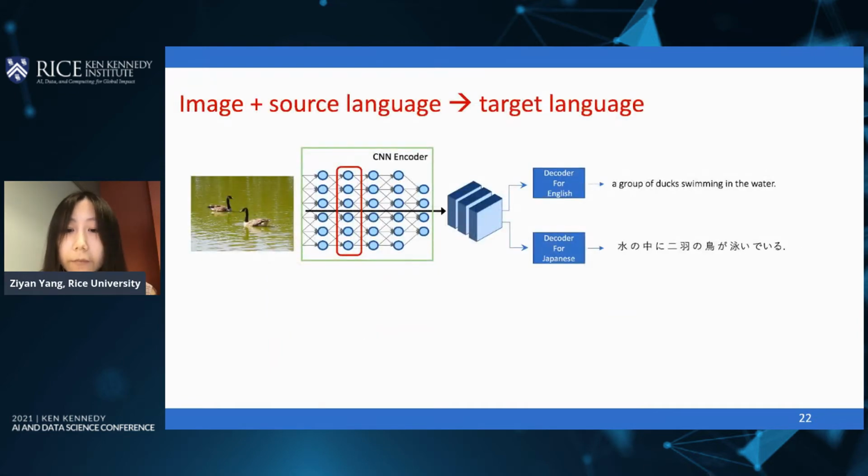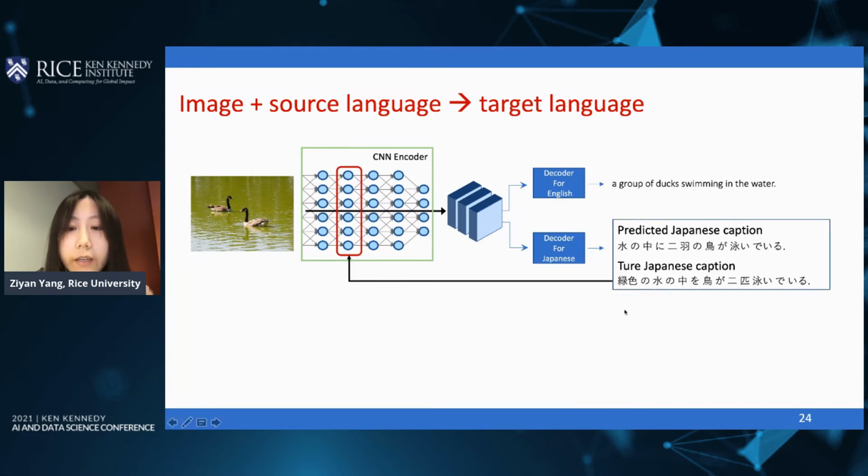During inference time, in the first case, we have both image information and text information from the source language, and we want to generate captions for the target language. The input image goes through the encoder and generates captions for two languages. Here we have English and Japanese. Then we assume we have the ground truth caption for the source language, which is Japanese here.